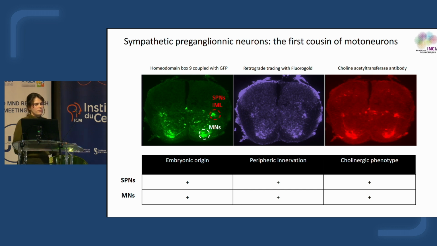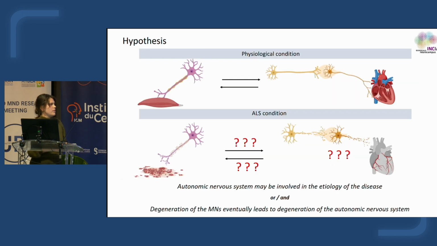So given the link between the autonomic nervous system and the somatic nervous system, and the molecular similarity between SPN and motor neurons, we are wondering about the implication of the autonomic nervous system in ALS physiology.